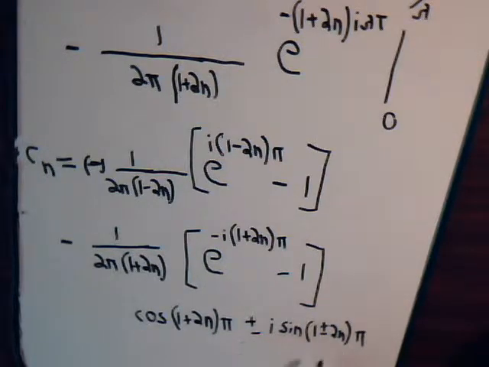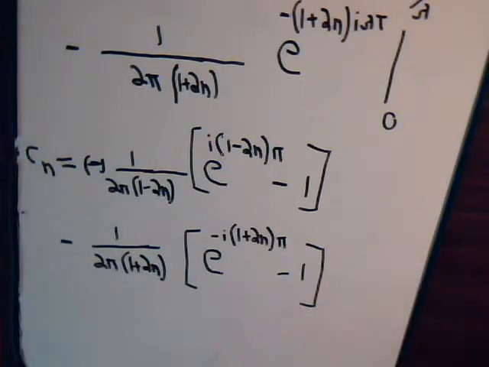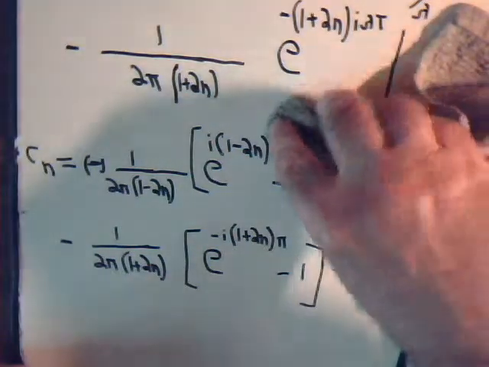This is going to be 0. Any multiple of pi, the sine of that function is 0. And this is always going to be an odd number here. The cosine of any odd multiple of pi is negative 1. So in each case, our exponential is just simply -1. So let's put that in.